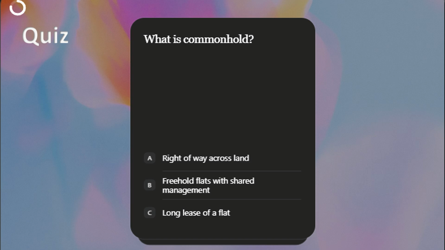What is a commonhold? That was one of the special cases, quite rare, but good to know. Who remembers what that one is? And it should be B, so freehold for flats with shared management of shared areas.